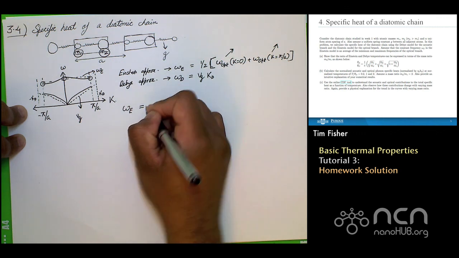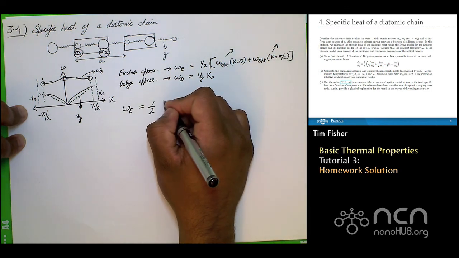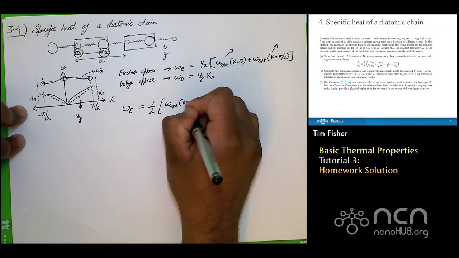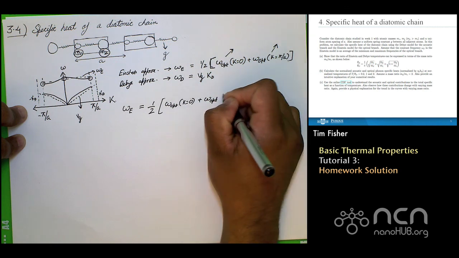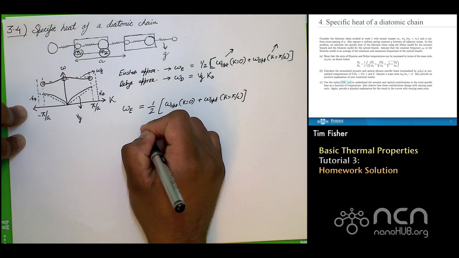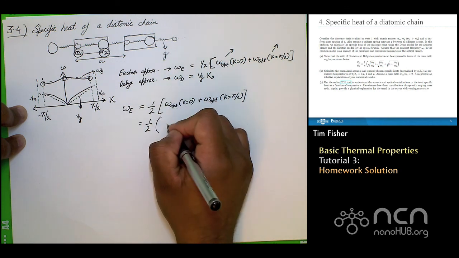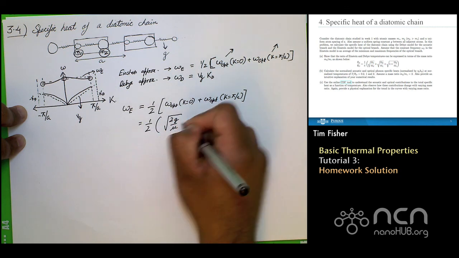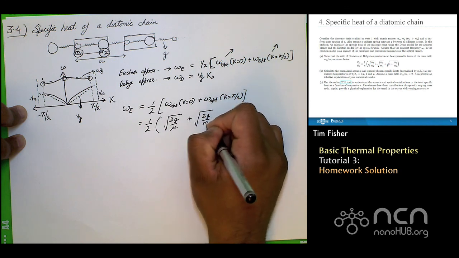So omega sub E is half of, I'm going to reiterate the expression written on the top, the sum of omega optical at k equals 0 plus the optical frequency at k equals pi by a, and this is 1/2 multiplied by the square root of 2G upon mu plus the square root of 2G upon m1.